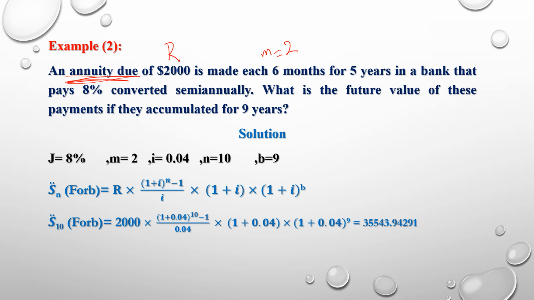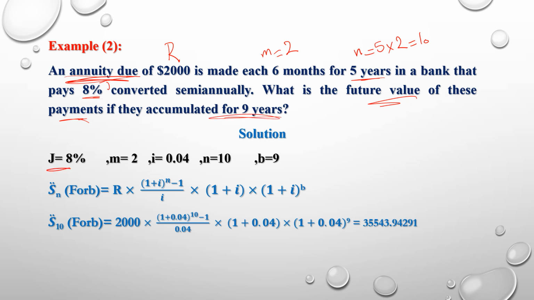And this is for 5 years, so n equals 5 times 2, which equals 10. In a bank that pays 8% interest converted semi-annually, so j equals 8% and i equals j over m. What is the future value of these payments if they accumulated for 9 years?